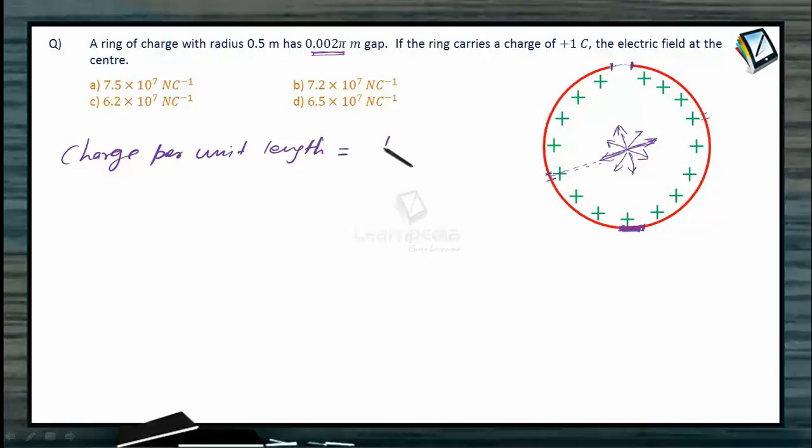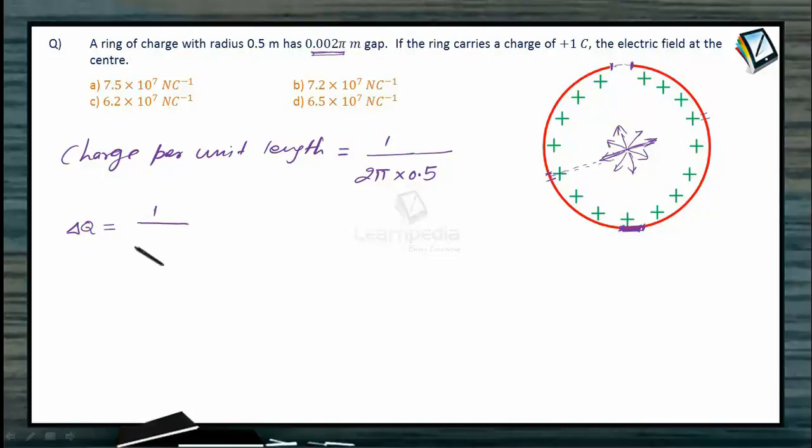The total charge is 1 coulomb divided by the length, which is 2 pi r, where r is 0.5 meters. So 1 coulomb charge is distributed over the length of 2 pi r. Let us consider delta Q, the charge equivalent to this particular cut portion. It will be the charge per unit length multiplied by the length of the segment.